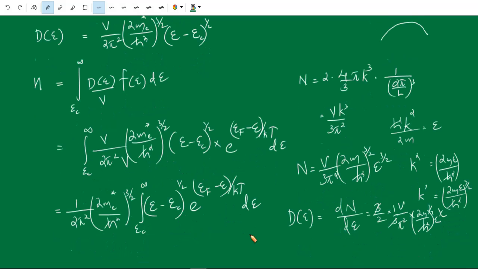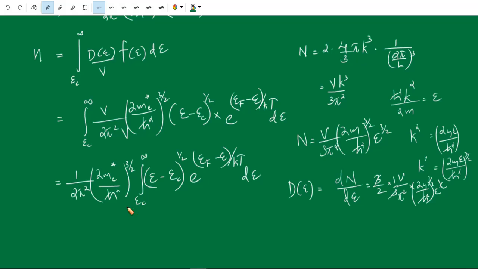into dE. Okay, so for making this integral into a standard form, we can rearrange this equation. 1 divided by 2 pi square, 2 m e by h cross square whole raised to 3 by 2. So I can take this e raised to EF by kT outside, because this is a constant.